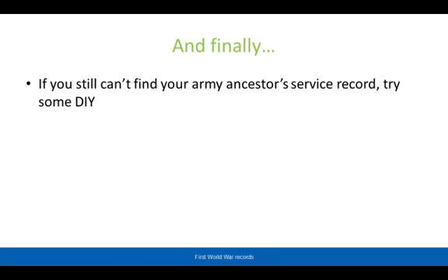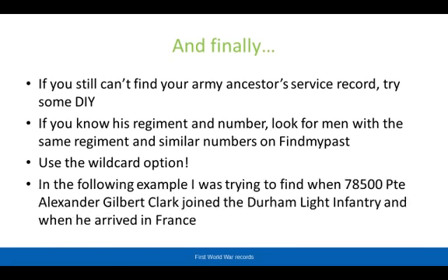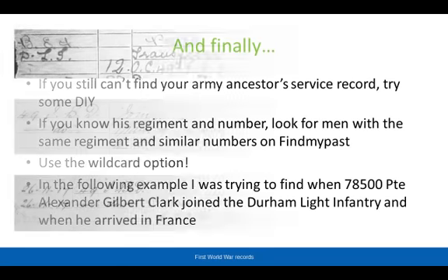Finally, if you still can't find your Army ancestor's service record, try some DIY. If you know his regiment and number, look for men with the same regiment and similar numbers on Find My Past. Use the wildcard option. So in this example, I was trying to find when this man, Alexander Gilbert Clark, joined the DLI and when he arrived in France.